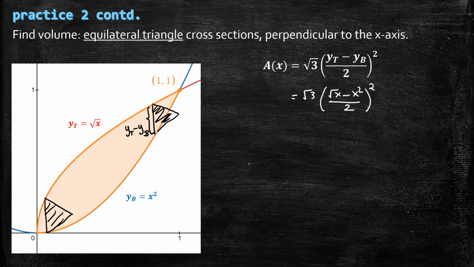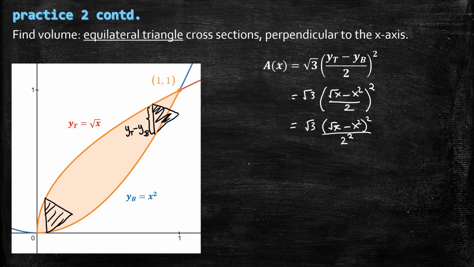Now, we're going to be doing this using a calculator, so it's nice to tidy it up a little bit before we put it into the volume formula. So generally, what I like to do is break it up as rad x minus x squared, the numerator squared, over 2 squared. So you can just square the top and bottom separately.